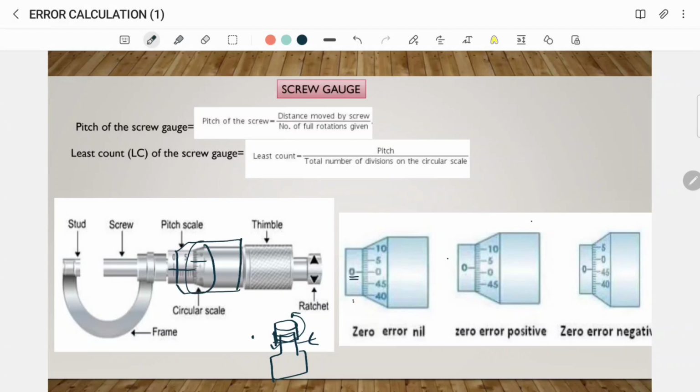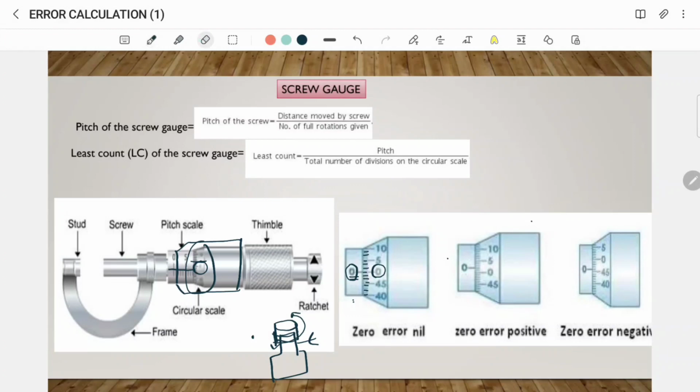So in an ideal case, you can see the 0 over here, there are markings on the circular scale as well to measure in degrees, and the 0 of the circular scale should ideally match with the 0 of the linear scale when there is no error in our instrument.